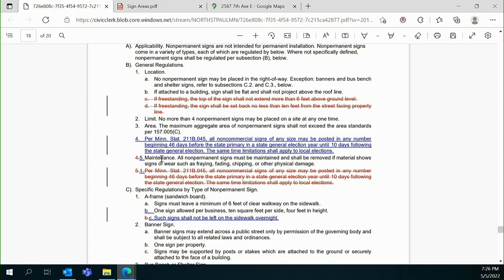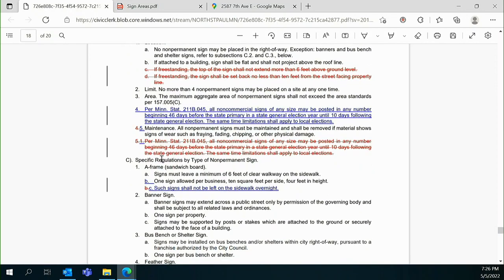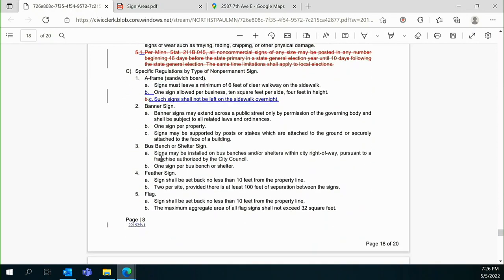Then the only other thing on there was C2BC. So a banner sign supported by posts or stakes, should that also have the 10-foot setback? We usually have the 10-foot setback in here for some signs, for others not.